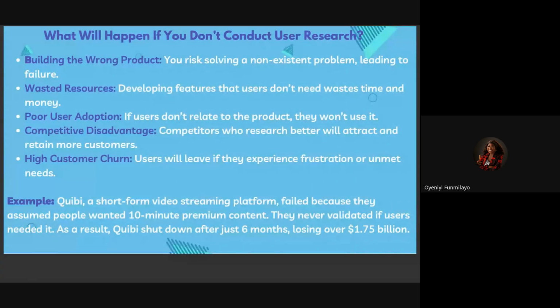It's not like you will feel bad or something. That's where iteration comes in. It's a learning process, right? So what we learned from that was the importance of doing research before we build. So it's very, very important. You can see QB lost $1.75 billion, not millions, so billion. So it's very, very important to conduct user research, please.